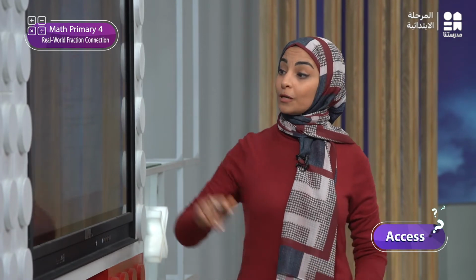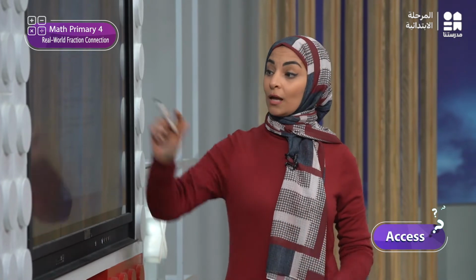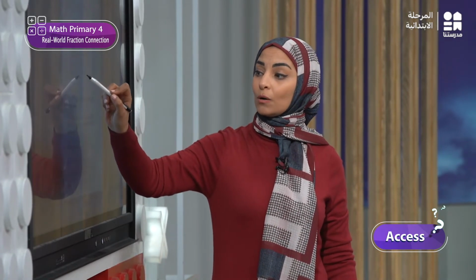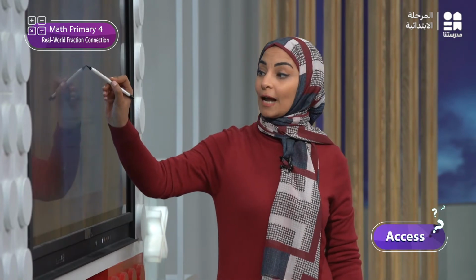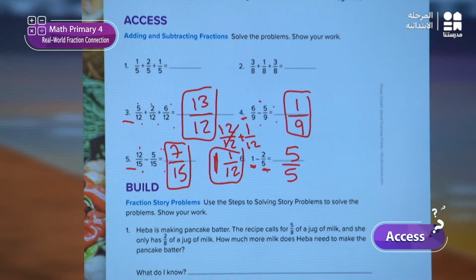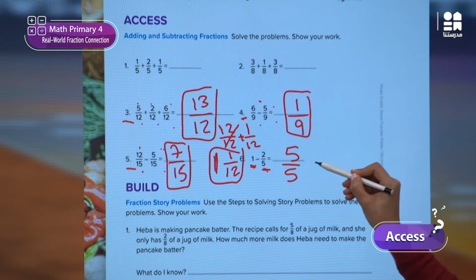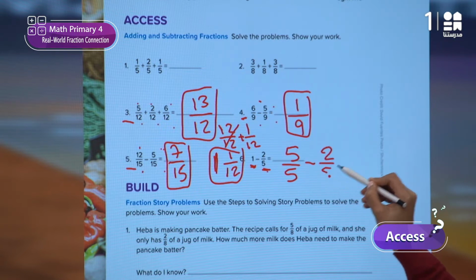In the last problem, which is problem number 6, here we have a 1 whole. I want to make 1 whole minus 2 over 5. طيب, now we have to regroup the 1 whole into an equivalent fraction ولازم الدينومينيتور بتاعها يبقى 5. ليه؟ عشان يبقى نفس الدينومينيتور بتاع السكند fraction. تفتكروا هيبقى ايه؟ Yes, whole 1 يعني هعمل الفراكشن بتاعها 5 over 5. يبقى أنا دلوقتي عندي 5 over 5 minus 2 over 5.